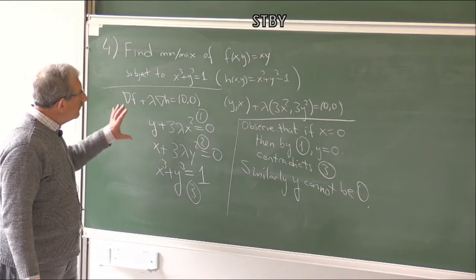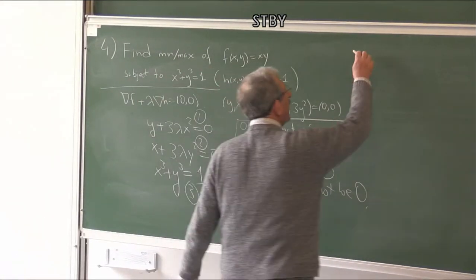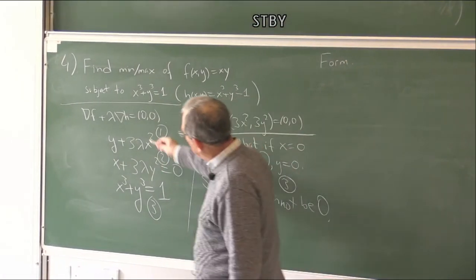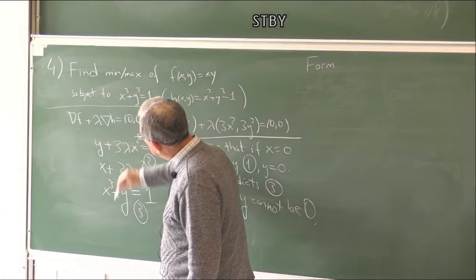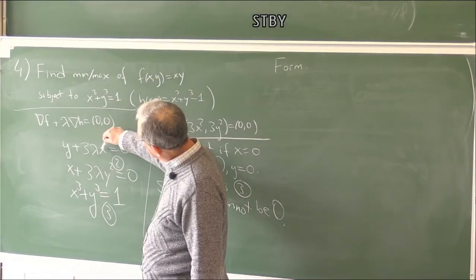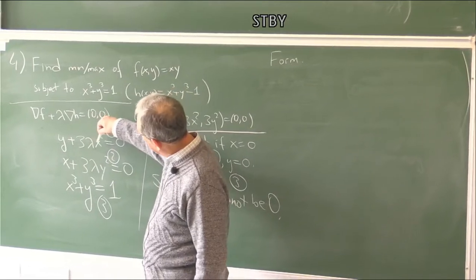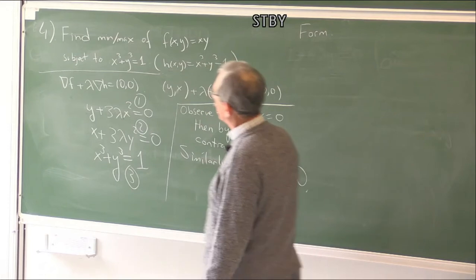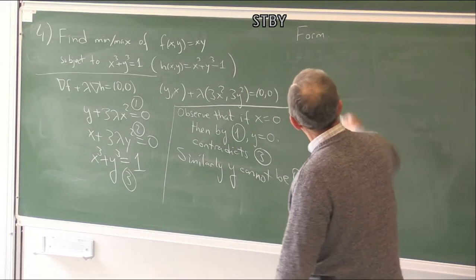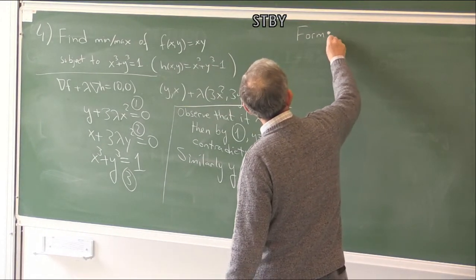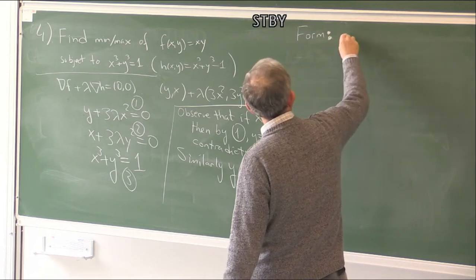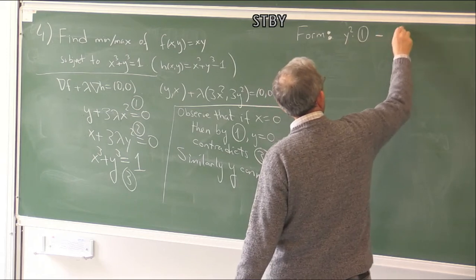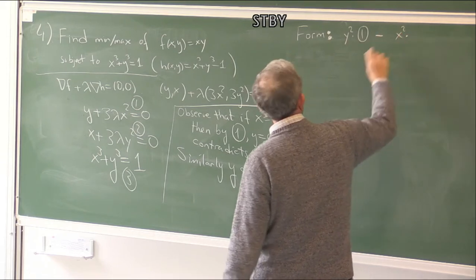If they are non-zero, then we can form the equations so that we can cancel lambdas. That's to say, I will multiply the first one with y squared, the last one with x squared. So form the following: y squared times 1 minus x squared times the equation 2.